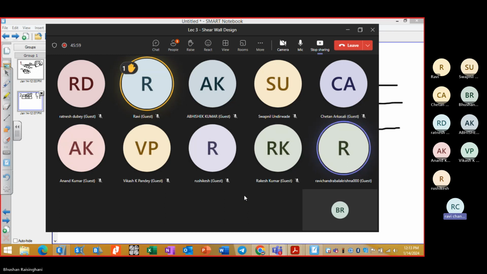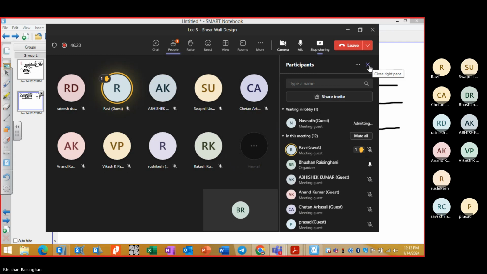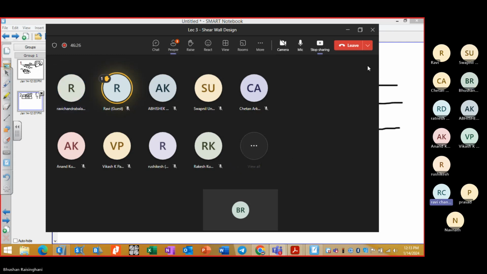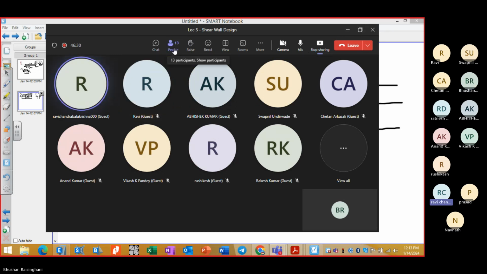But what you told is right. If it is unprotected to the boundary of the periphery, then mostly it will get torsion in the second mode. Yeah, sometimes first mode. But again, we are doing some jugaad, just like removing the shear walls or increasing the shear walls, and we are checking the center of mass, center of rigidity, and we are making it to the third mode. Sometimes we are not making it to third mode also. But we did not find any clause to give connectivity to the periphery.